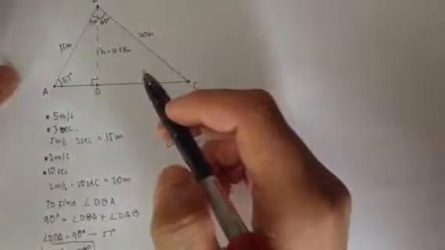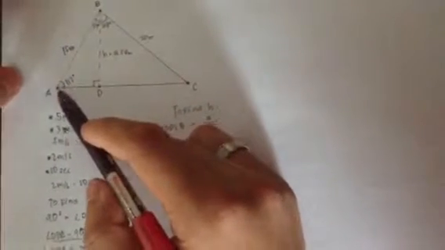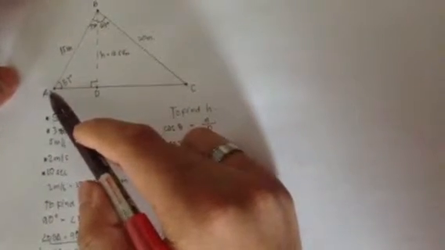So now, let us proceed to the second question of the problem, which is the distance from the starting point to the landing point. For us to get the distance from the starting point to the landing point, we must first get the value of angle ABC.